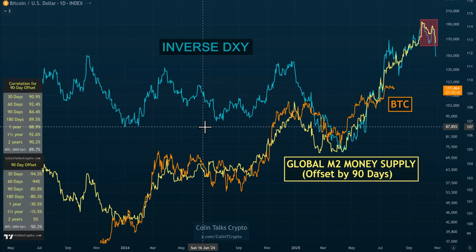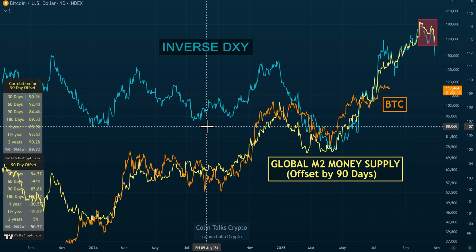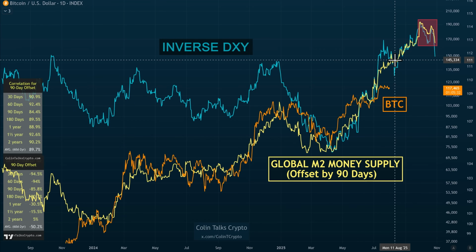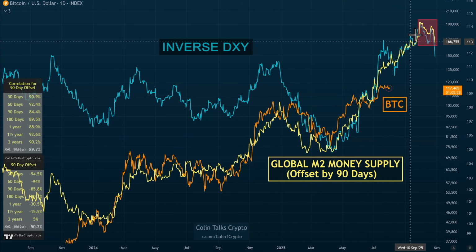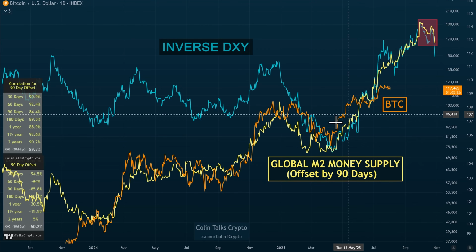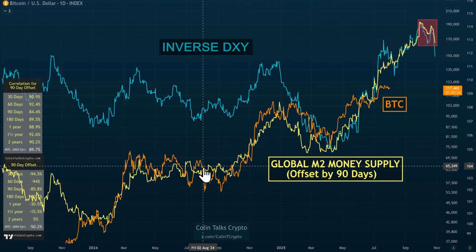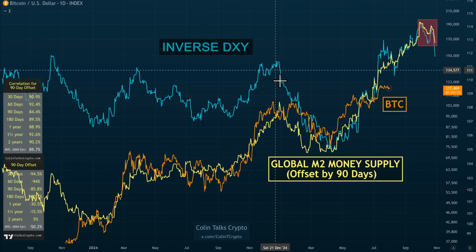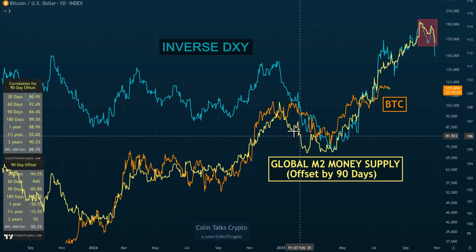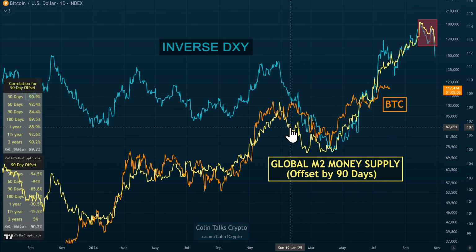So in a way, you can say that the inverse DXY offers a little bit of confluence. The fact that they both trend up is a good sign because they both have been tracking with Bitcoin, roughly speaking. But it does seem to me that the inverse DXY, this blue line, and the global M2 yellow line, while they do share complementary movements, they're not equal in accuracy.